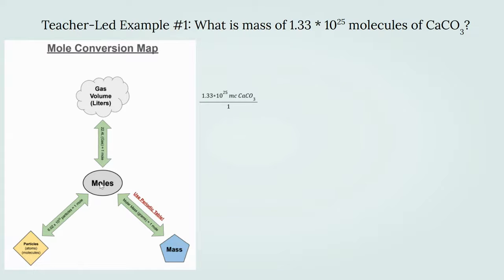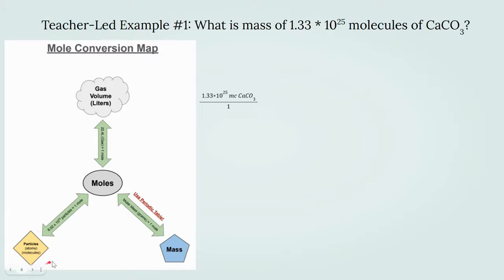Now, if I use my map, I can see that I'm starting at particles here in the bottom left. Because we're talking about molecules, we're talking about a countable thing. I also know, according to my question, I'm asking what the mass is. So I not only know where I start, I know where I have to end up.